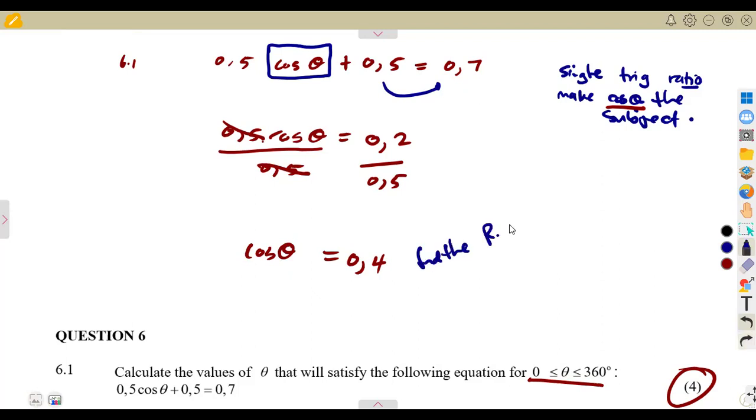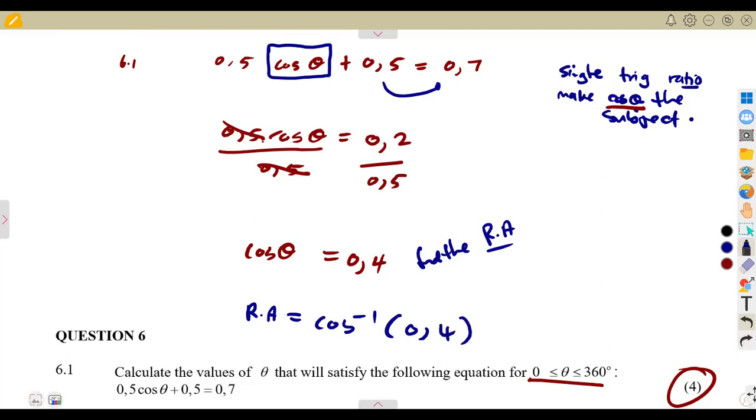The reference angle is simply the acute angle that you determine from removing this cos, so that you have the theta. So it follows that to move the cos to the other side, it is going to be the arc cos, which is arc cos 0.4.